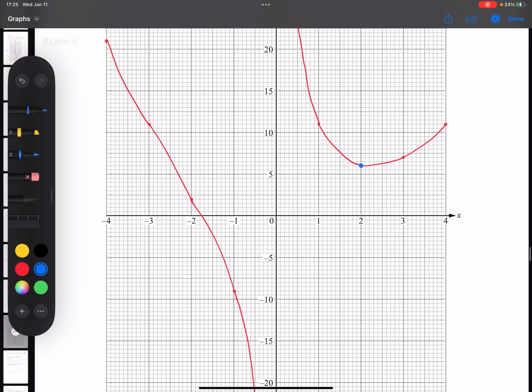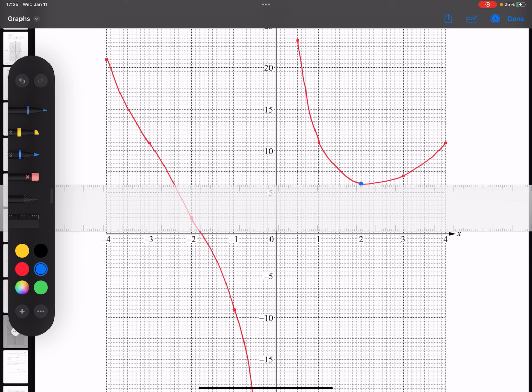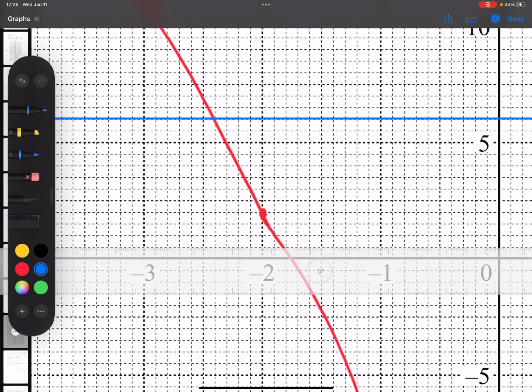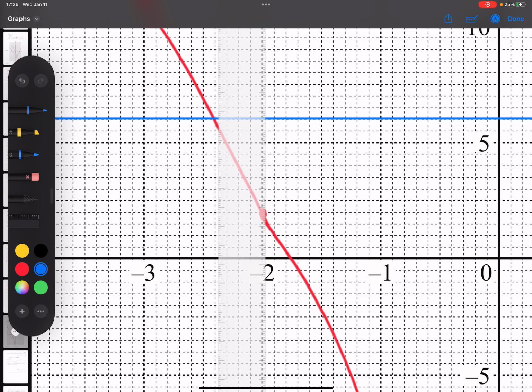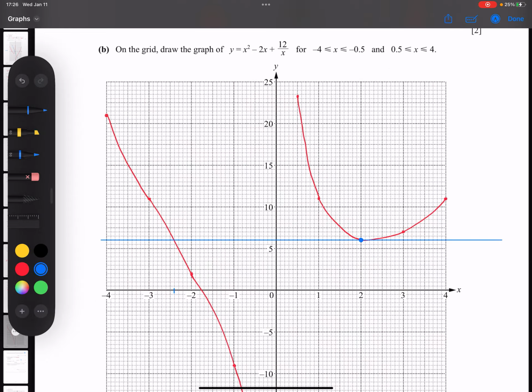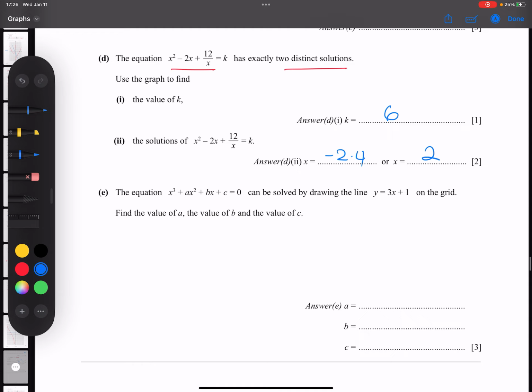So the solutions of this are, going back here, if I drew it, it intersects at 2, and the second point of intersection is over here, and that point is going to be here. So this is negative 2.4. Okay, so negative 2.4 and 2 are your answers for this.